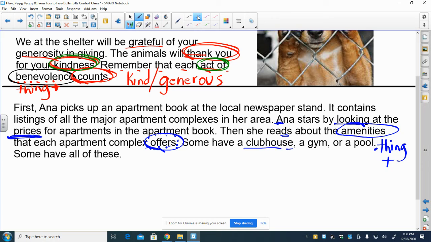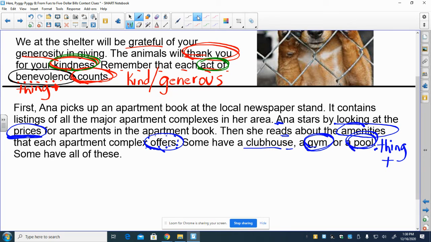Some have a clubhouse, a gym, or a pool. Well, I know that if I was living somewhere and they had a gym or a pool, now I'm going to connect to my life experience with some of this stuff. Of course, I'm going to be worried about the price, but another thing I'm going to look at is, does it have a gym?